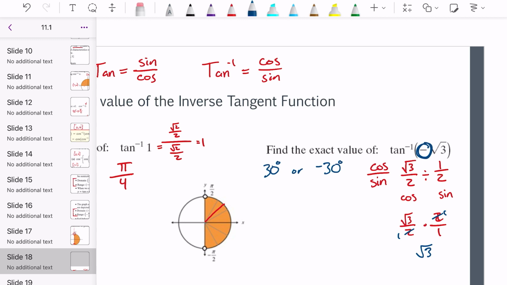For a 30-degree angle, both would be positive, and for a negative 30-degree angle, we would have a positive and a negative. In this case, this would mean that our answer would be negative pi over 3.